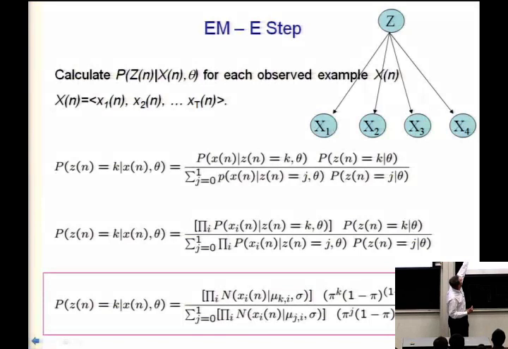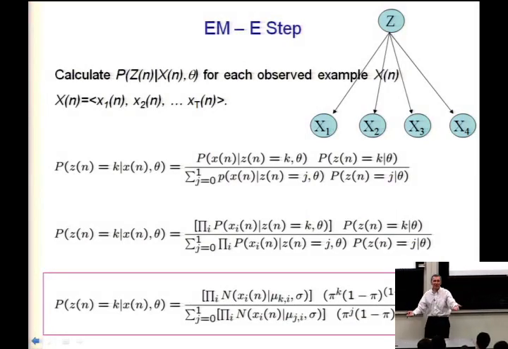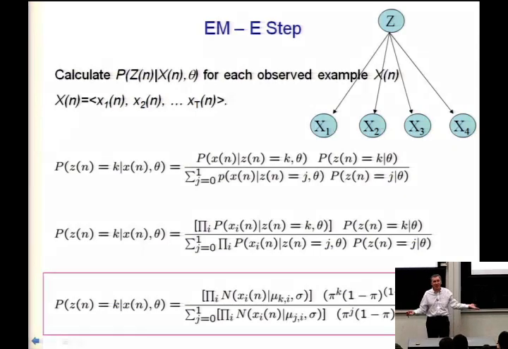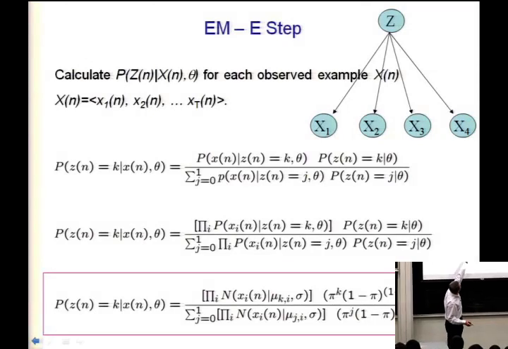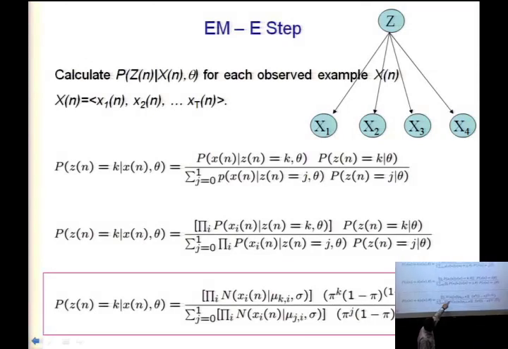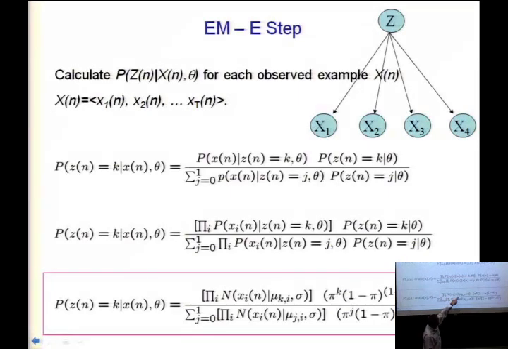And so here's the arithmetic for doing that. We're going to get the probability that z takes on the value k for the nth training example, given that the vector of x sub i values is x of n. Well, that's just the same expression we used in naive Bayes when we apply naive Bayes to predict the label for a new example. And if I substitute, instead of p of x given z equals k, a normal distribution based on the mu for z k and x sub i, then I can rewrite it this way.